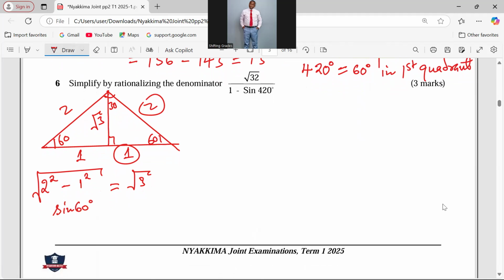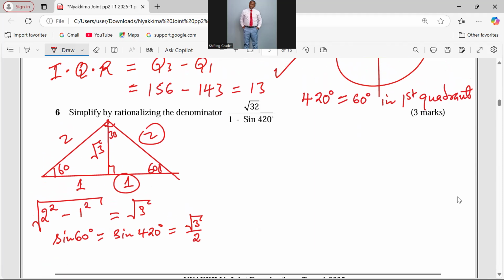So if that side is root 3, now we can talk of the sine of 60. Sine 60, which in this case will behave the same as the sine of 420, will be the opposite length, root 3, out of the hypotenuse, 2. So now we go to the expression there and we rewrite it. The root of that 32 can still be simplified. Remember, in that 32, there is a perfect square, 16.